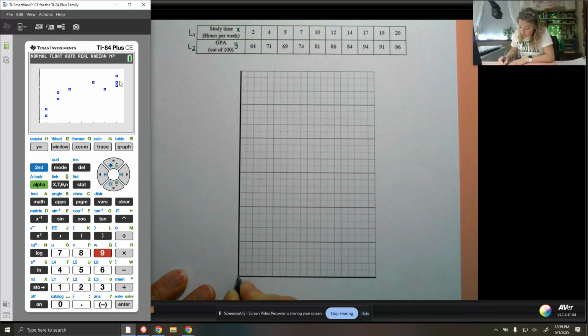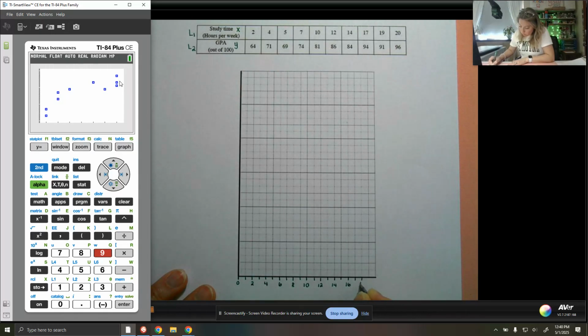And just for the sake of both time and space, I'm going to label the evens. Okay, so we know each of these is a study time, but I am labeling up the even hours of studying. Again, time and space.